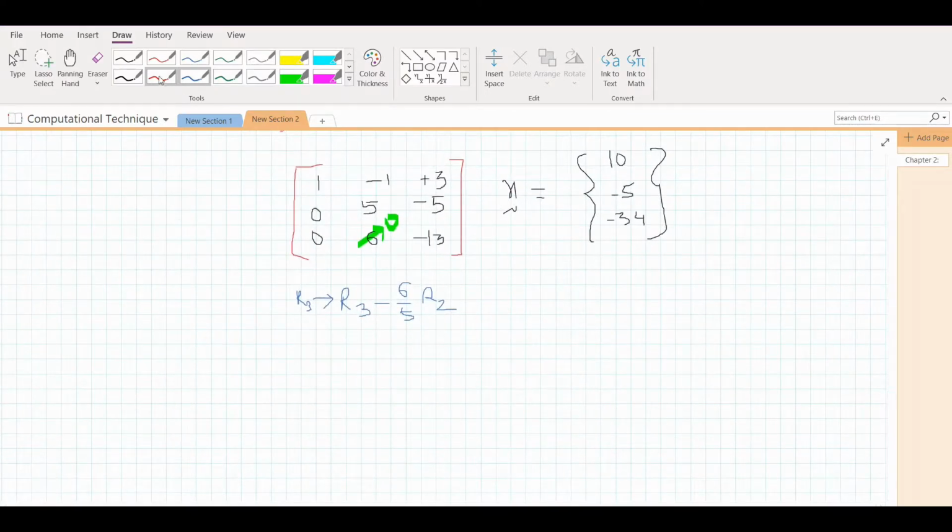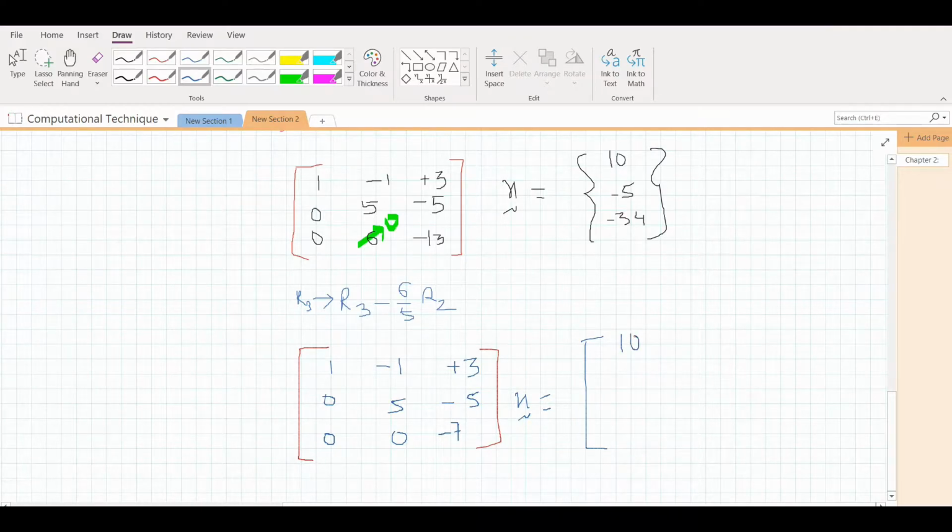Therefore, our new matrix will be x vector equal to 10 minus 5, and here you'll have minus 34 minus 6, that will be minus 28.